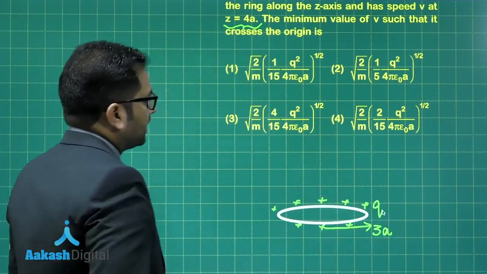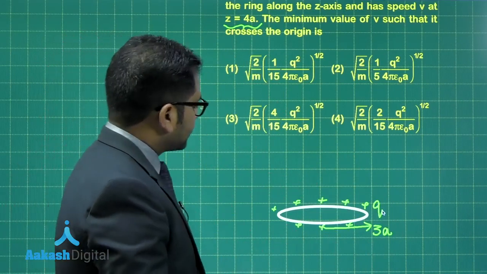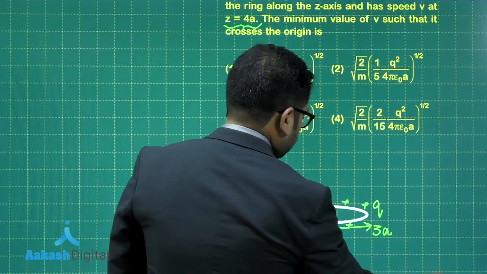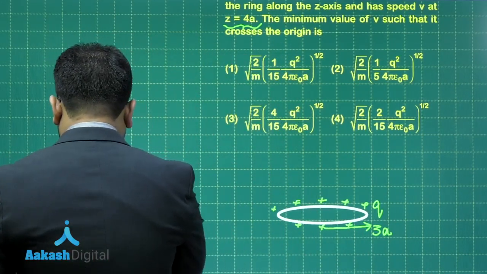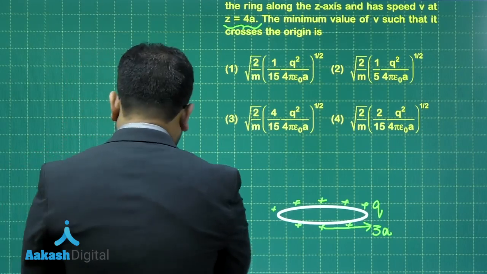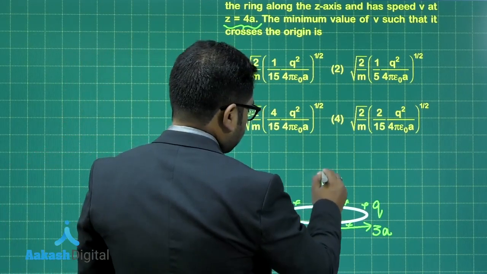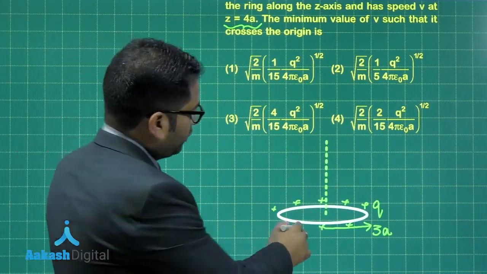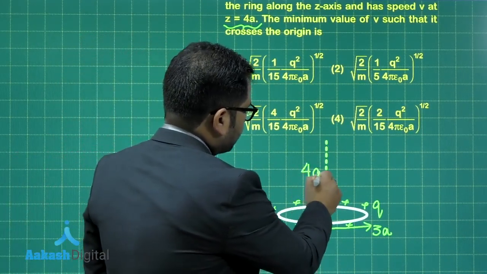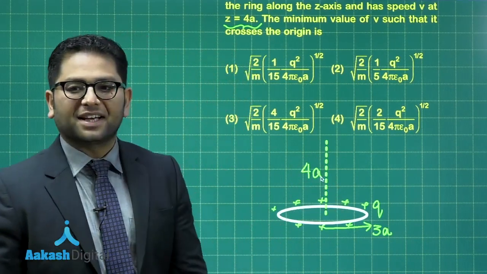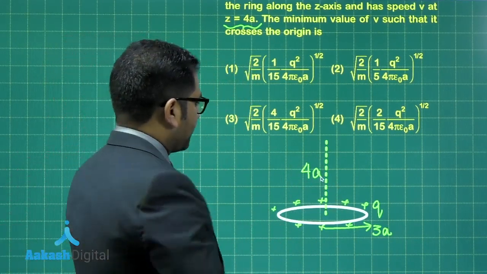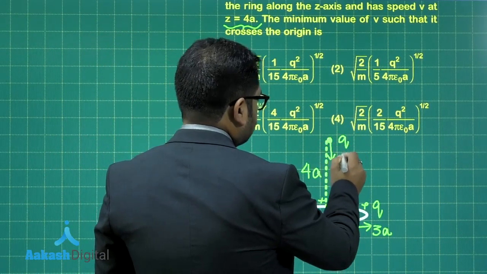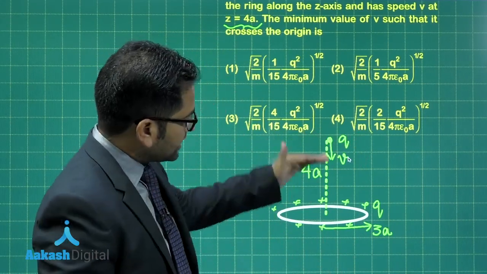And at z equals 4a, somewhere here from the center, z equals 4a. You could see that it's 4a and 3a, so the examiner is kind enough to give you an easier calculation. And here there is another charge which is Q. We need to calculate the minimum speed so that it crosses the origin.